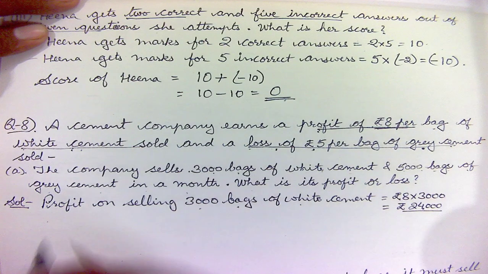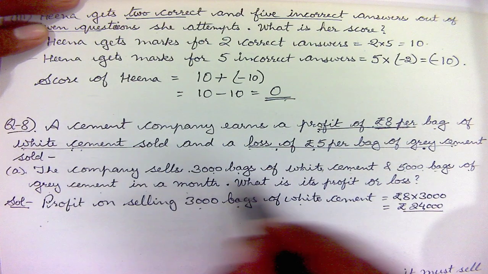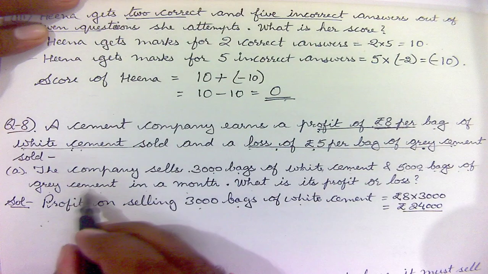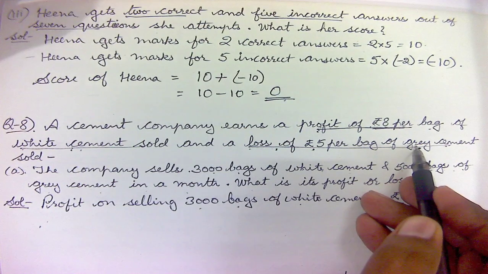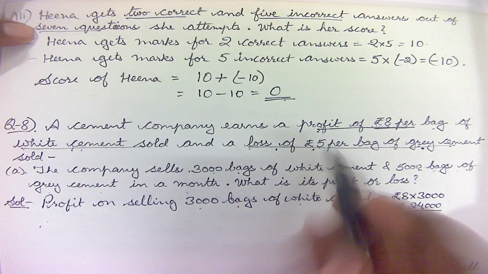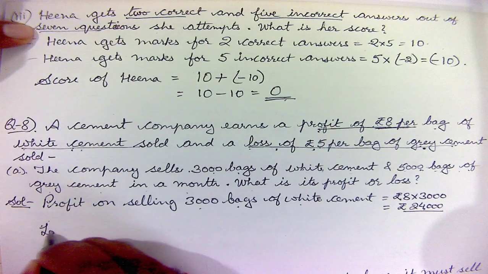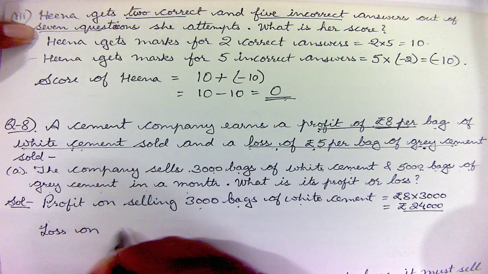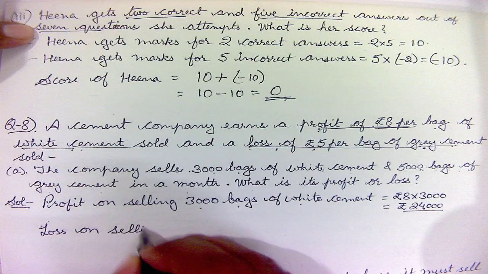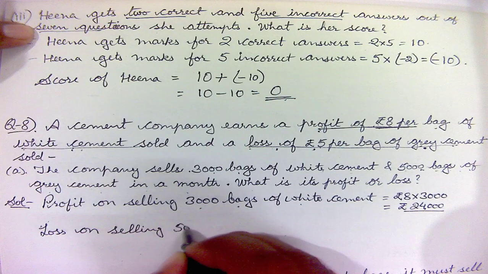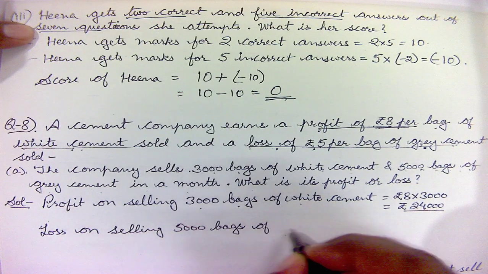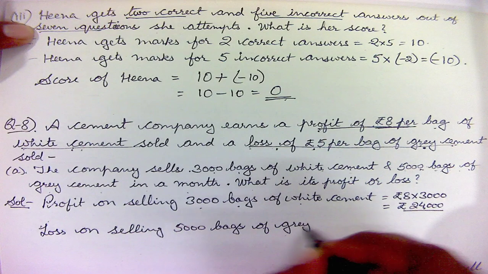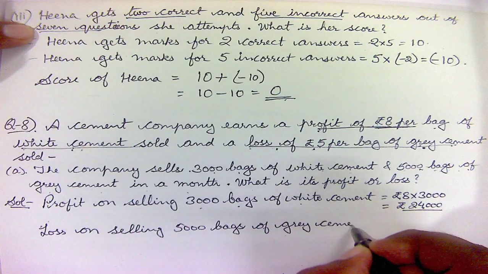24,000. Then there are 5000 bags of grey cement sold, and one grey cement bag gives a loss of rupees 5. So here loss on selling 5000 bags of grey cement.